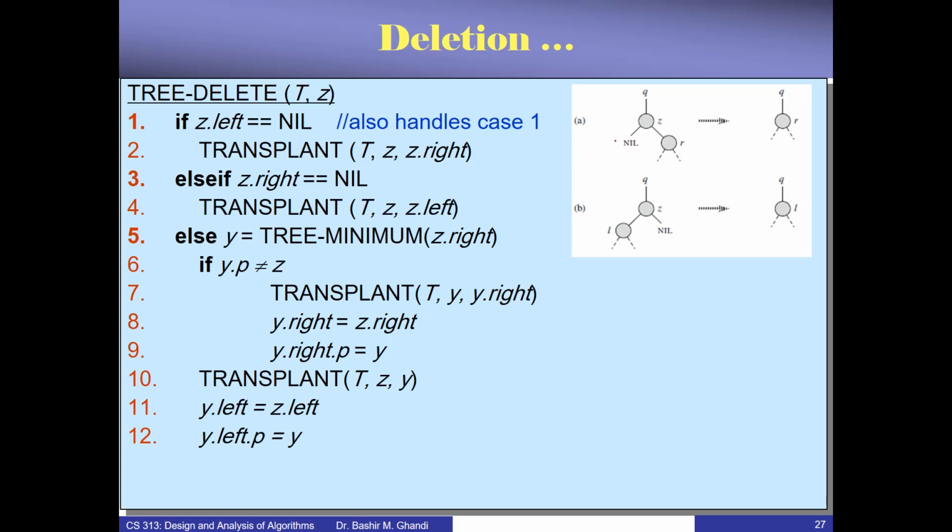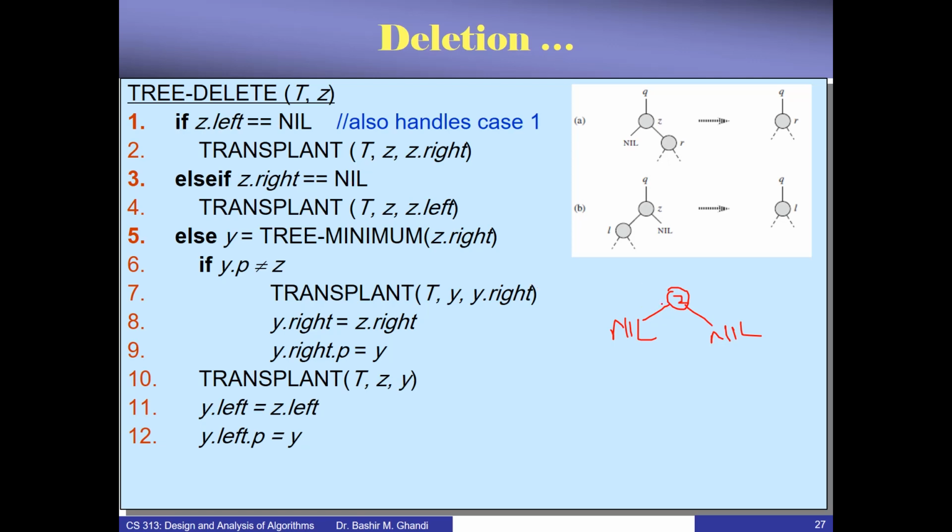Now notice that although these two cases seem to be taking care of only the case where there is only one child, it is in fact also taking care of a leaf node. Because let us say our Z is in fact a leaf node. So left is nil and right is also nil. This is our Z. Let's see what the algorithm will do. It says if Z dot left is nil.